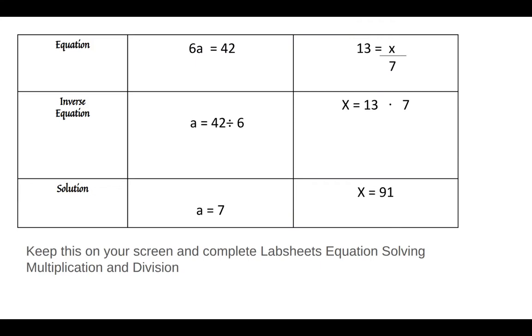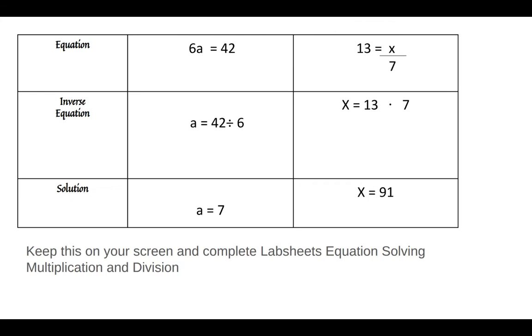Now this is going to look exactly like your practice sheets with one change. I did put an area to the right that we'll have for scratch work. So the equation 6a equals 42. I think that's multiplication, so I do the inverse operation, which is division. a equals 42 divided by 6 goes in the inverse equation, and then I simplify my solution: a equals 7.